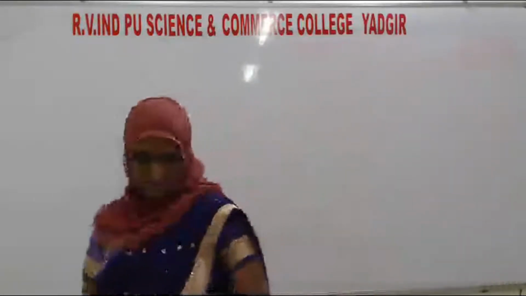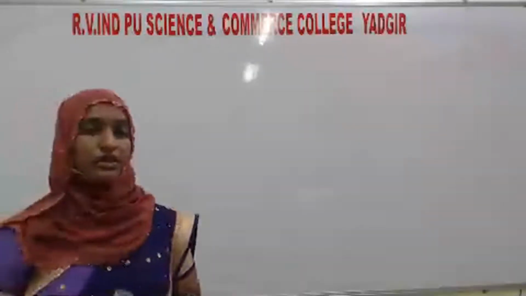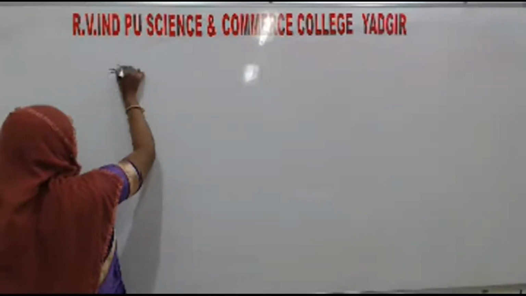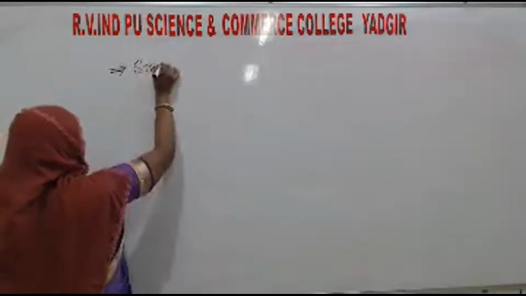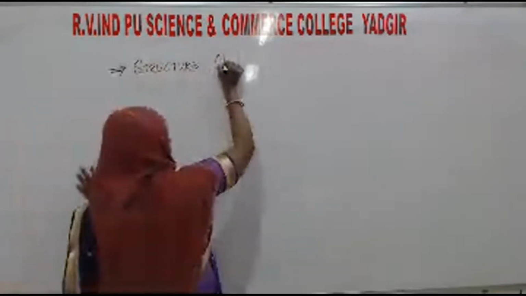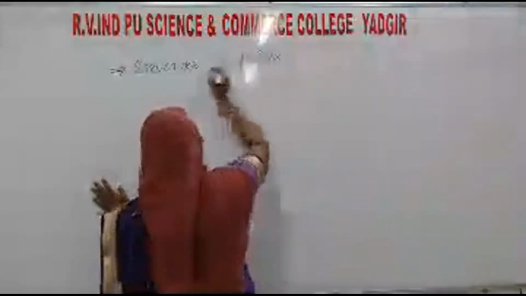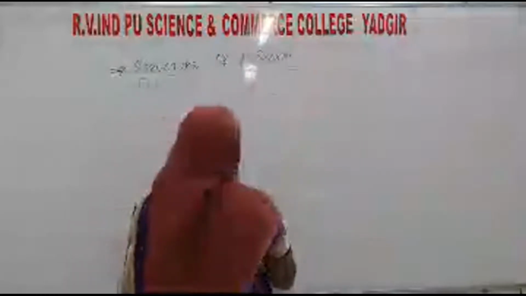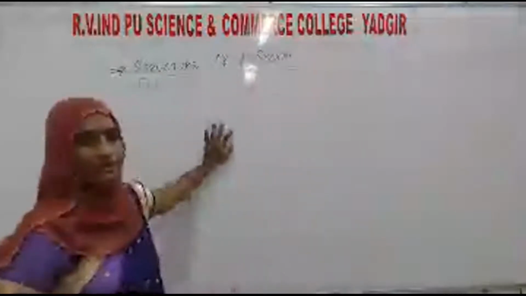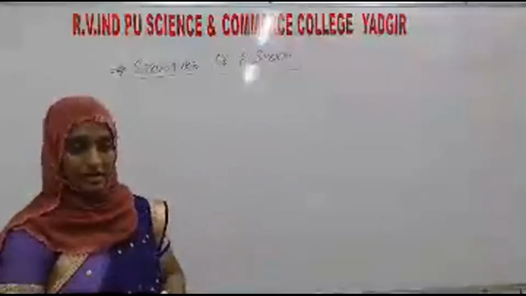Next is the structure of a sperm. This is also a very important question for 3 marks. First, we will draw the structure. Only the diagram is very important for 3 marks.